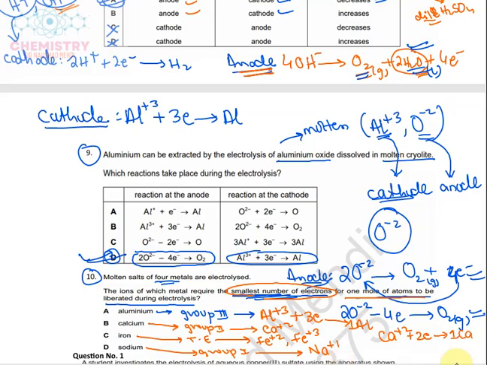Iron 2 and iron 3 would require 2 electrons and 3 electrons respectively. And sodium has a charge of just plus 1, so it needs just 1 electron to form 1 mole of sodium. So sodium is the cation requiring the smallest number of electrons, only 1 electron to deposit its 1 mole of sodium atoms. So sodium, option D, is the correct answer.